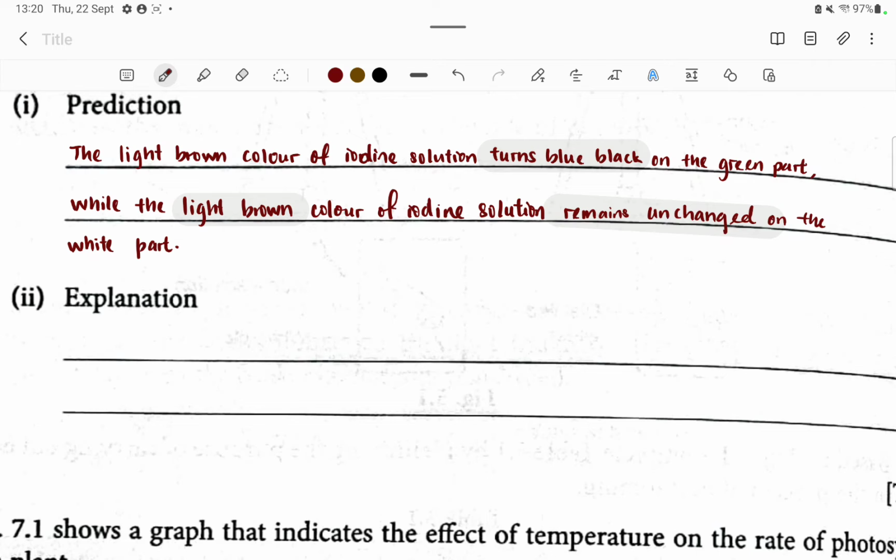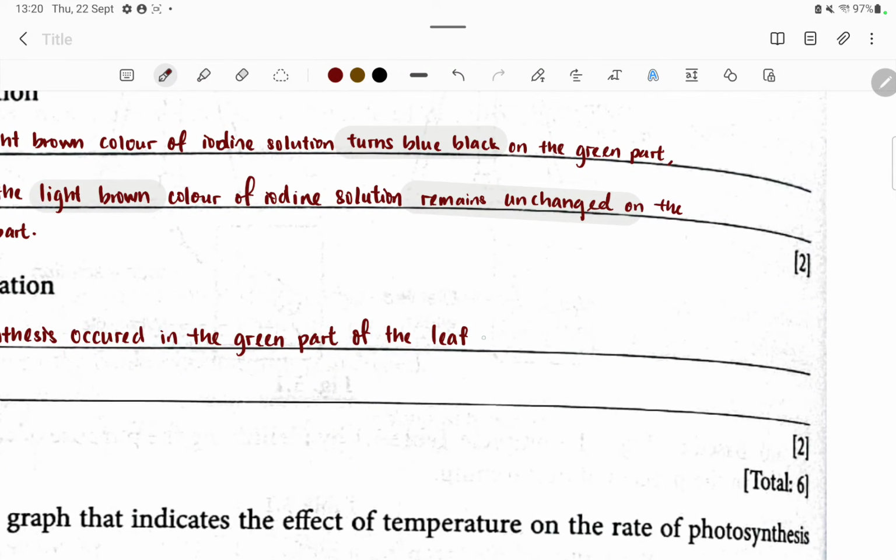So you can say that photosynthesis occurred, or occurs, depends on you, in the green part of the leaf in the presence of chlorophylls.